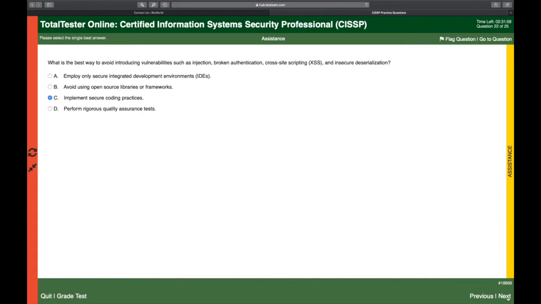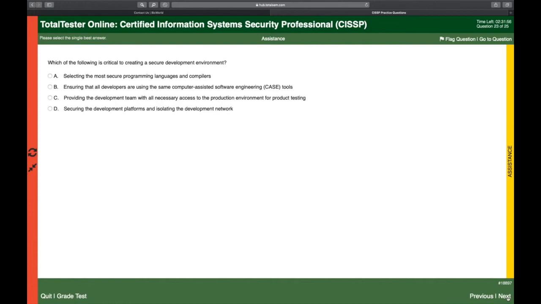All right, 23. Which of the following is critical to creating a secure development environment? Okay. Anyone ready?